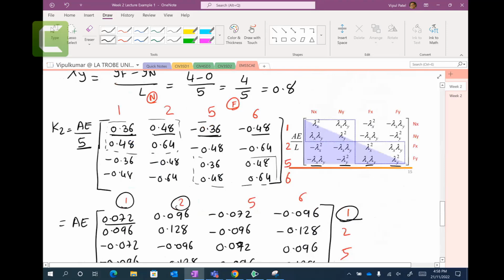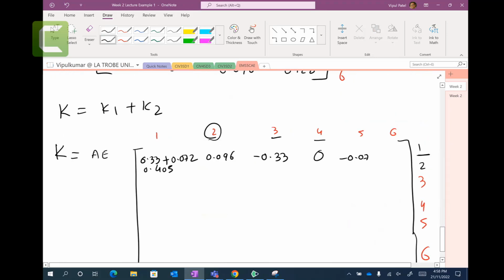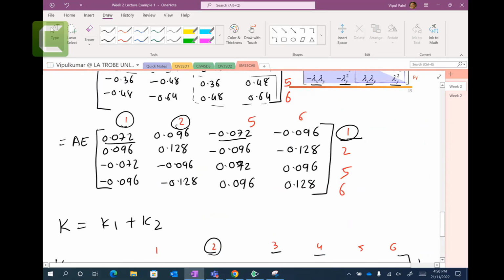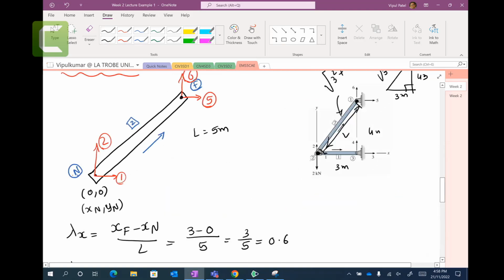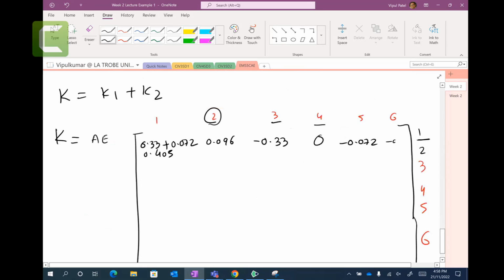Column 5, row 1, minus 0.072. Column 6, row 1. There is no column 6 in K1, so then you have minus 0.096. Right. Similarly, let's write 0.405.